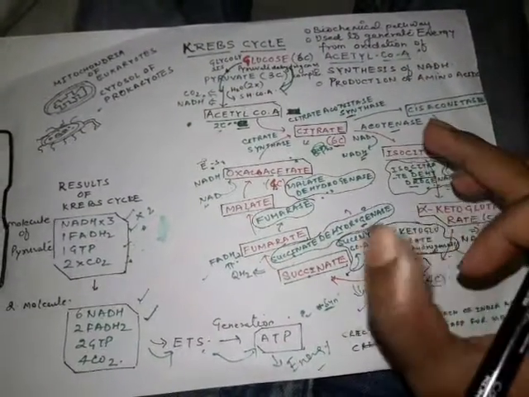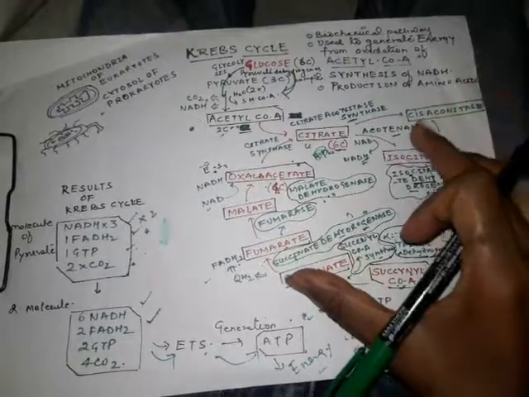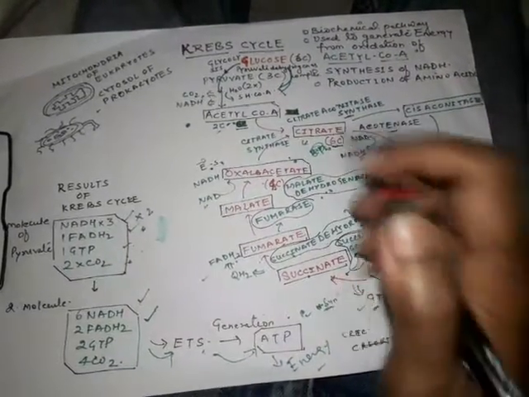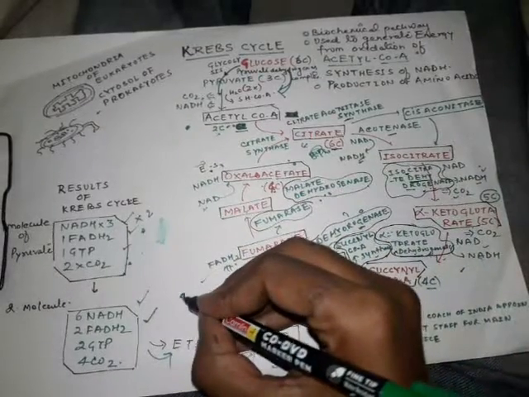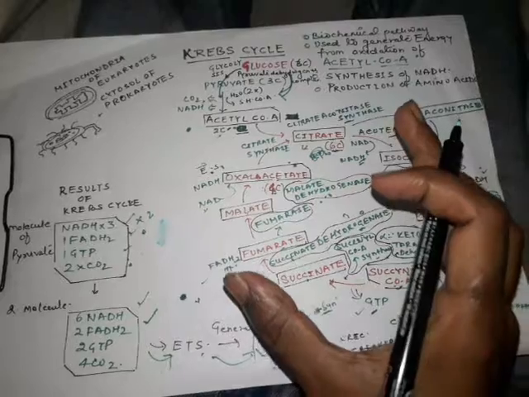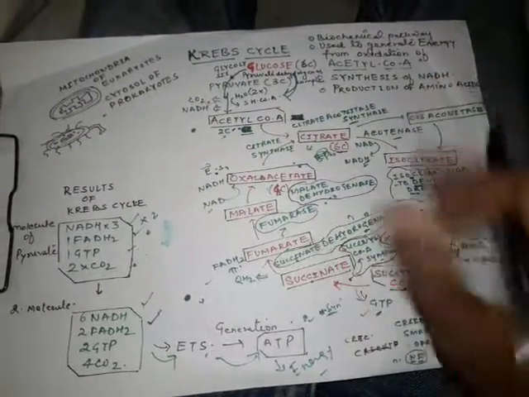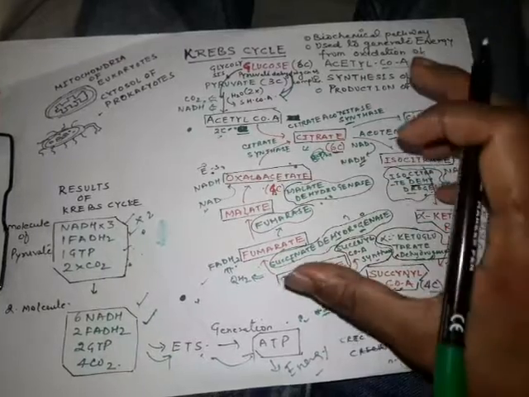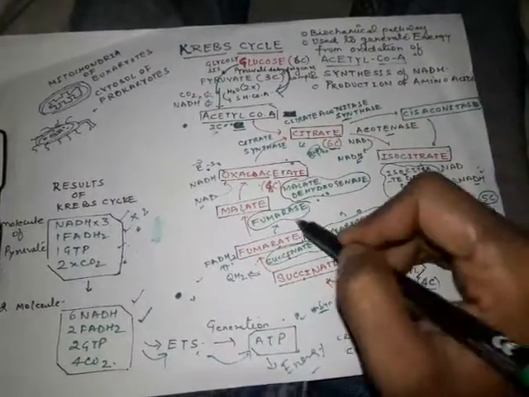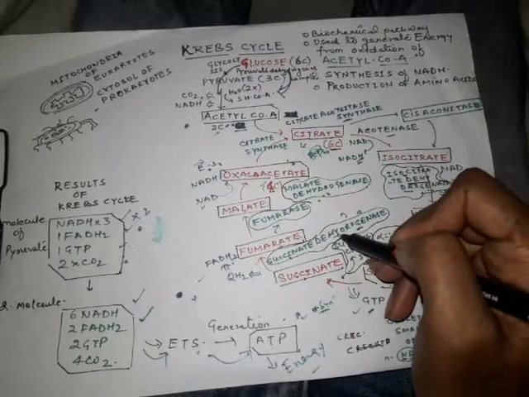I think it is complete, and if you have any queries regarding this cycle, please write them in your comment box. I will solve your problem, and I think you will learn in a very easy way. First of all, you should know these substrates, and on the basis of the substrate the enzyme is named.